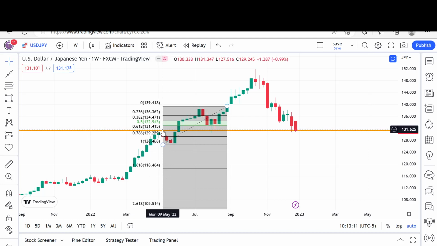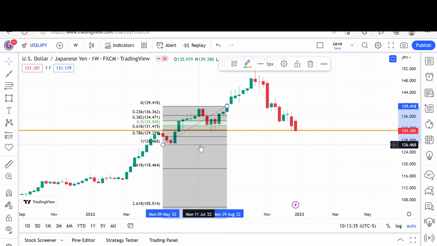We have that level which is right smack on 61%. That's another way to establish if you have a clean break of a level and not a fake out, by the use of Fibonacci. That'll keep you out of a lot of fake outs by having at least 61% retracement from the low to the high on that retracement. That's a really good way to stay out of fake outs.